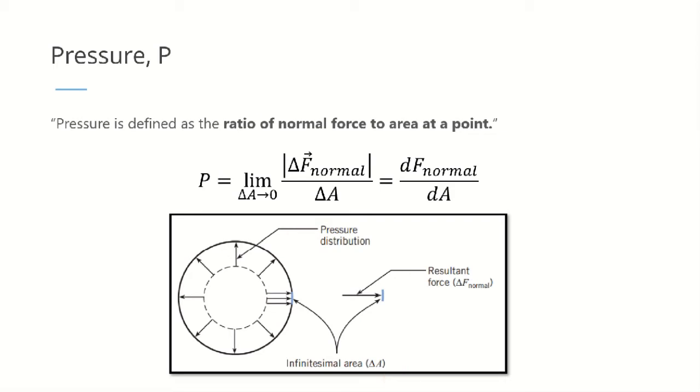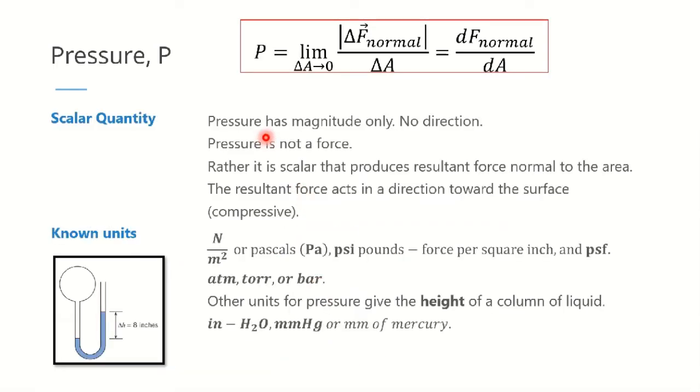Okay, so ayan, pressure is a scalar quantity. So pag sinabi natin scalar, it has magnitude only. So it has no direction. Unlike sa vector quantity, meron siyang magnitude and direction. So we have a concept which is pressure is not a force.